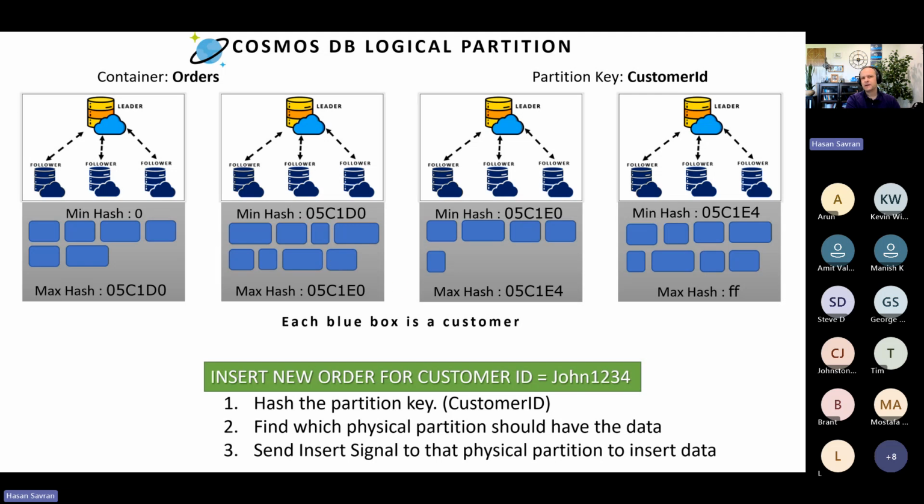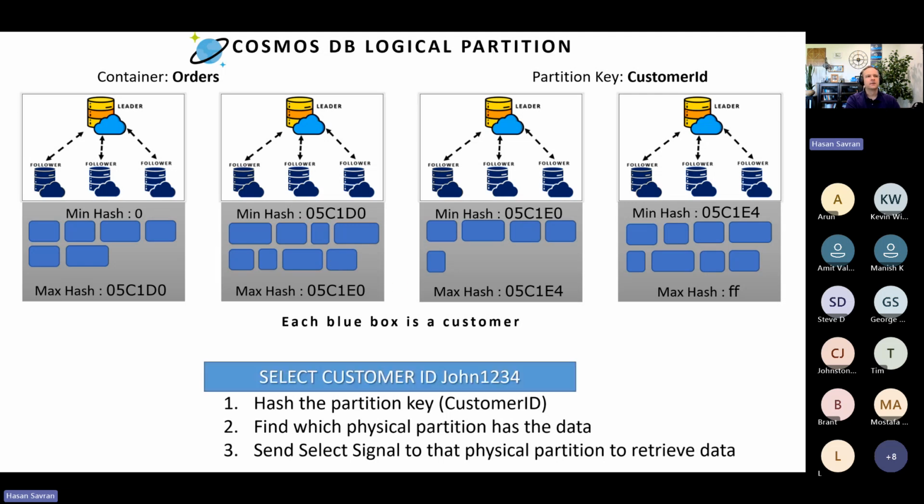It works exactly the same way when we select the data. Let's say my customer ID is John1234. When I hash it, it's going to have the exact same hash number that I found, which was somewhere in here. That means I'm going to take the select statement and send it here, rather than send it to each of them. And that's going to be much cheaper for me, as long as I have my customer ID available all the time. So that's really important.